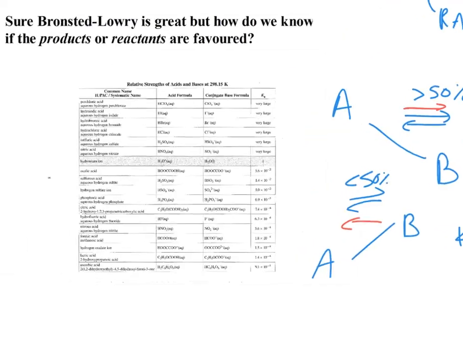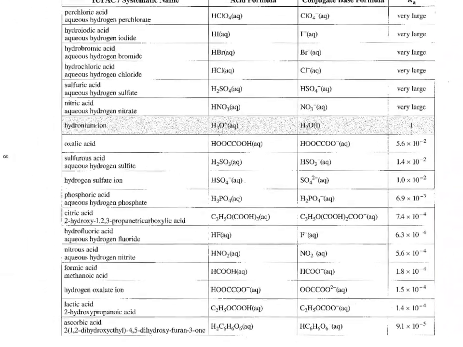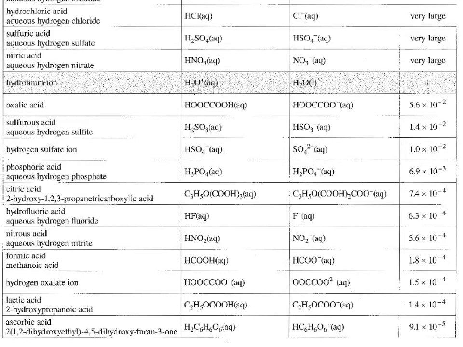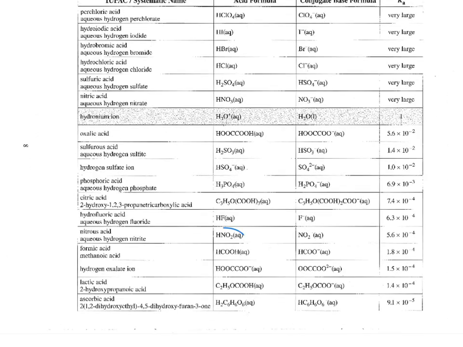So when we do these types of questions, say for example, I look at the reaction between nitrous acid and the conjugate base of lactic acid. So I have HNO2 plus C2H5OCOO minus. I can determine the products by looking at the conjugate acids and bases.